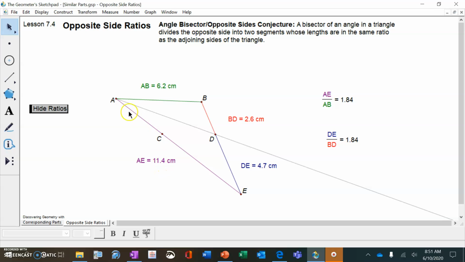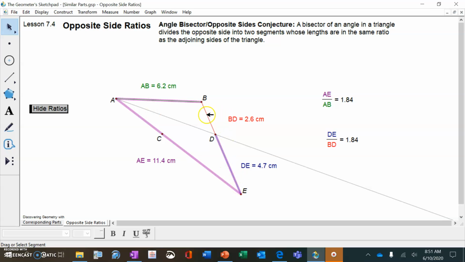So if you have a triangle and you have one of its angles split in half by an angle bisector, the ratio of the two sides that are connected to that angle bisector, so the ratio of this side to this side, is the same ratio as the ratio of the two parts that the angle bisector cuts the other side into.